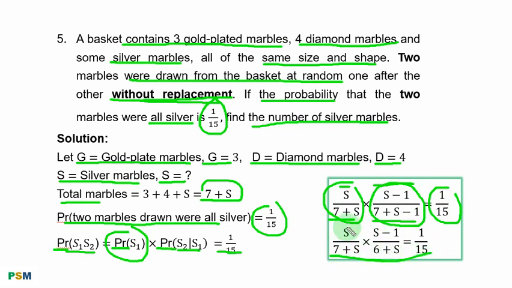From here, we have to multiply the numerators together and the denominator together. That will give us a quadratic equation. Let us see to that and how to obtain the final solution.